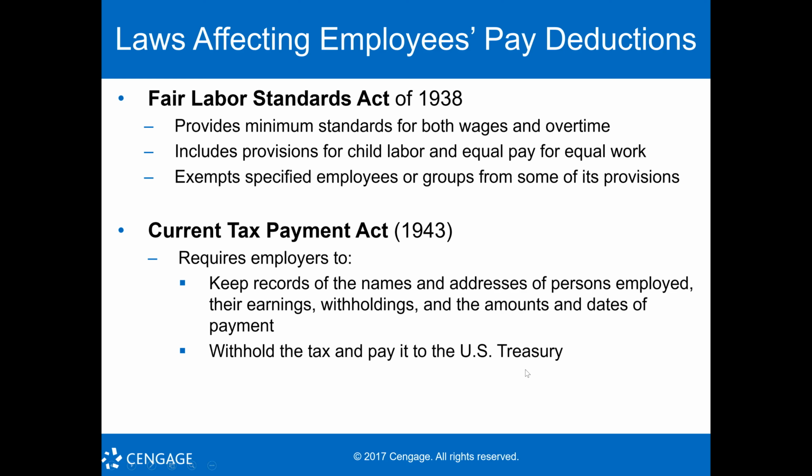When they withhold state income tax or state unemployment, things like that, then they have to pay that to the state, in our case, the Missouri Department of Revenue. So companies withhold taxes from the employees' paychecks, and then they have to turn around and pay those taxes to the specific government agencies.